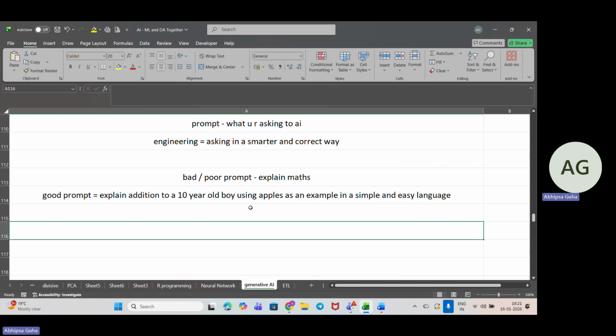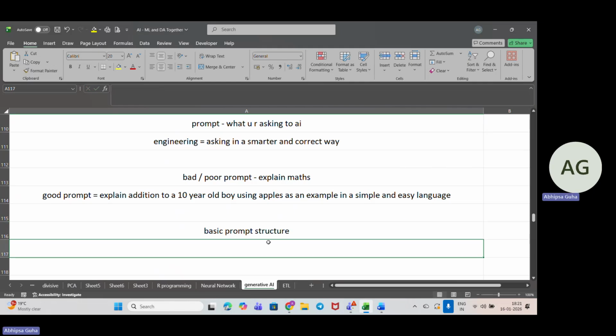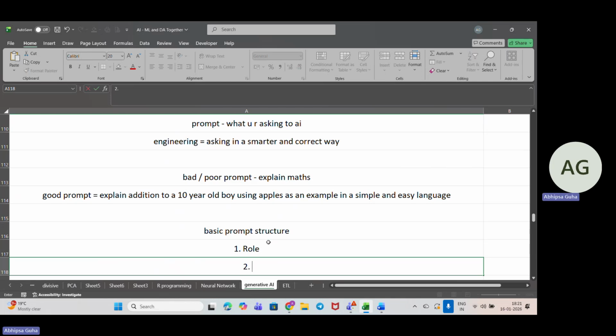Okay. Now you can think of a prompt as an instruction code, right? This prompt is basically an instruction code. Now, the basic prompt structure, let me just give you a basic prompt structure. A good prompt has all of these parts. The very first one is the role. The second one is the task.